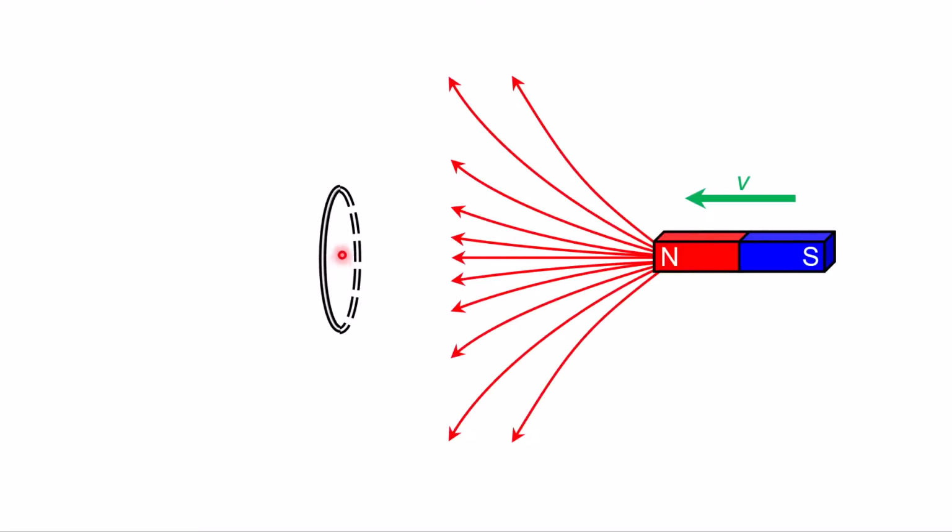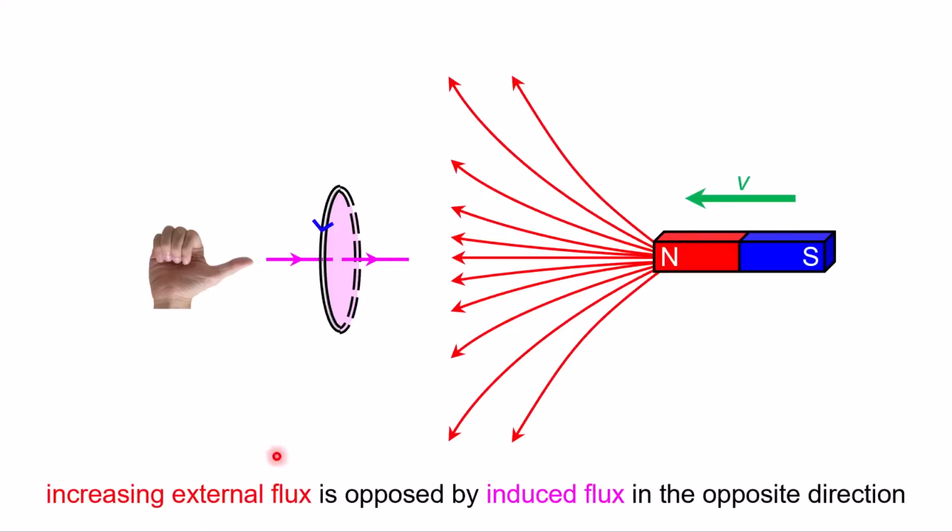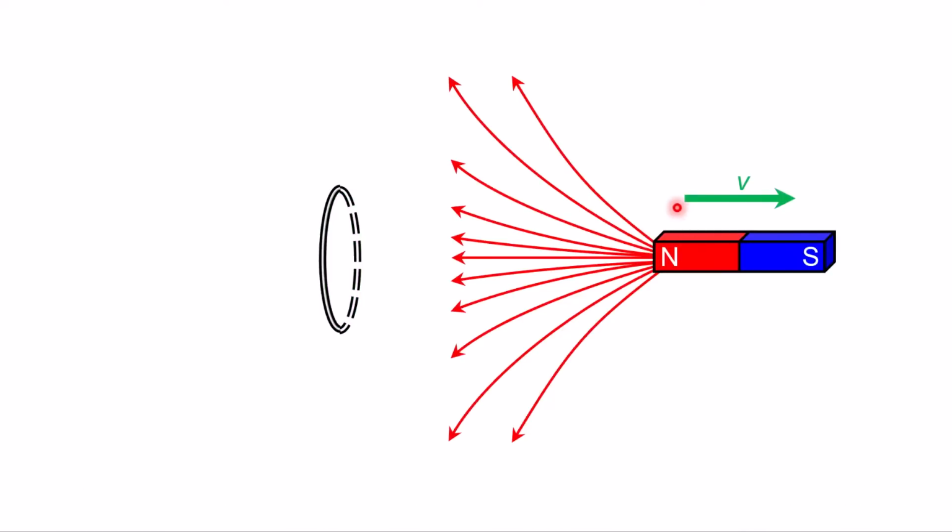So to oppose the change, the induced EMF should produce an induced current that produces an induced flux that's rightward. So bring in your right hand grip rule. You want a rightward magnetic flux, which means the current should be flowing this way. If you look from the right, it's an anti-clockwise current. It's so that you produce a rightward flux, because the increasing external flux must be opposed by an induced flux in the opposite direction.